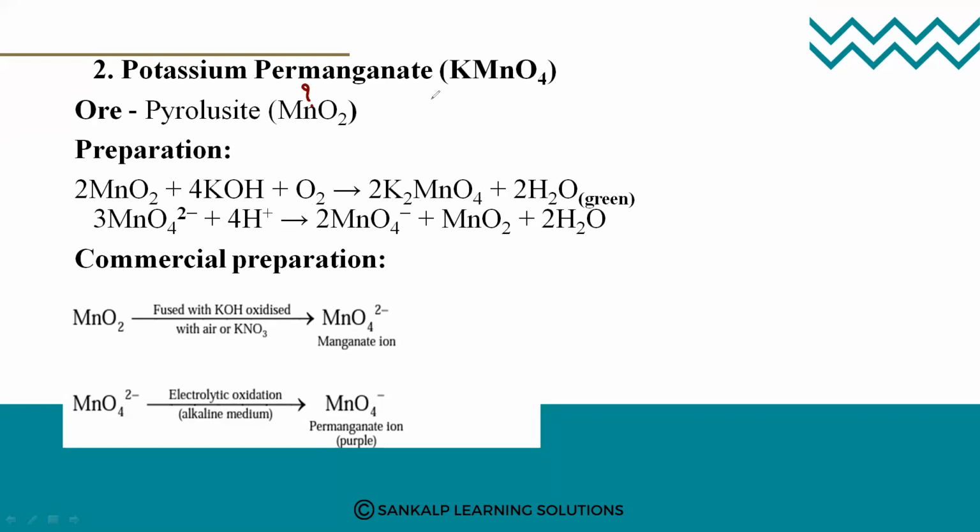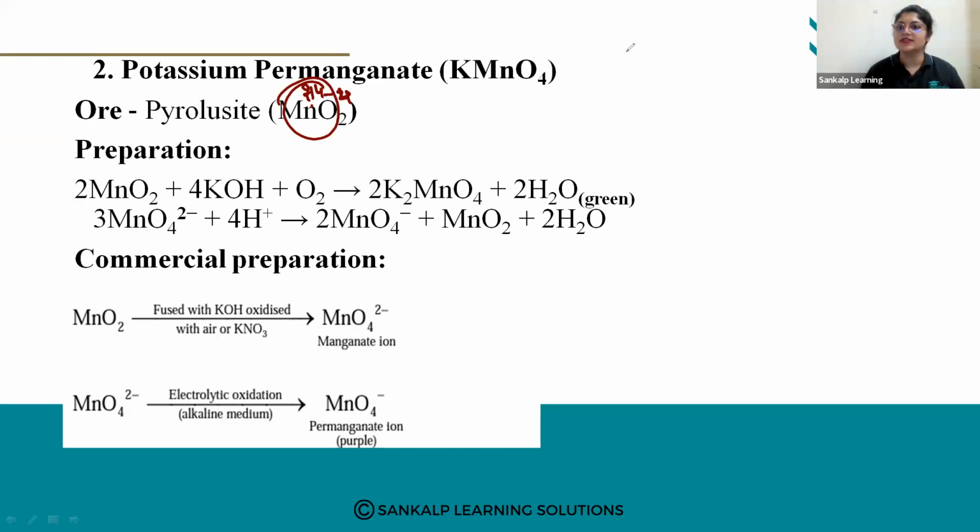Each oxygen is -2, so it is -4 in total, and Mn will be +4. So it is +4. Good.